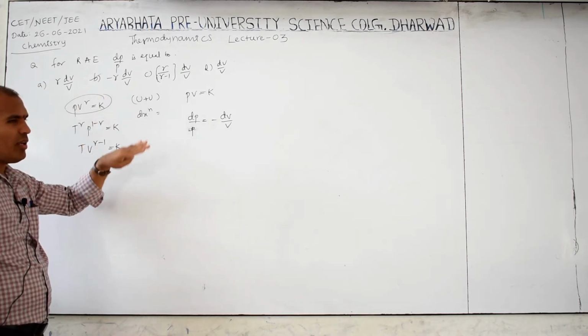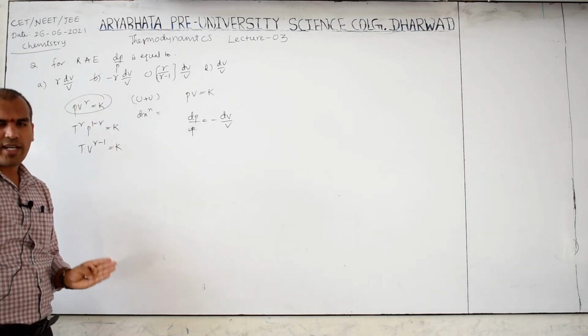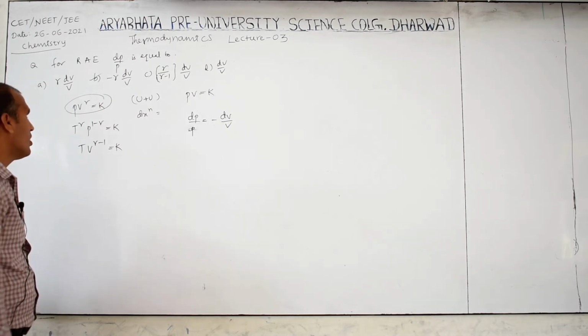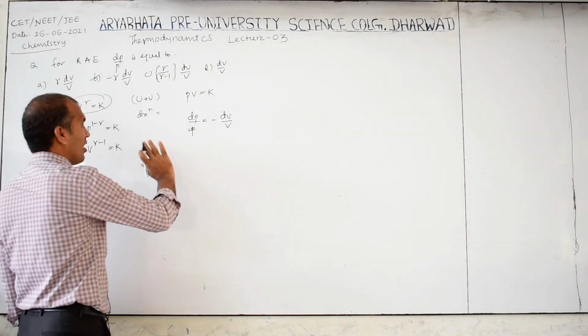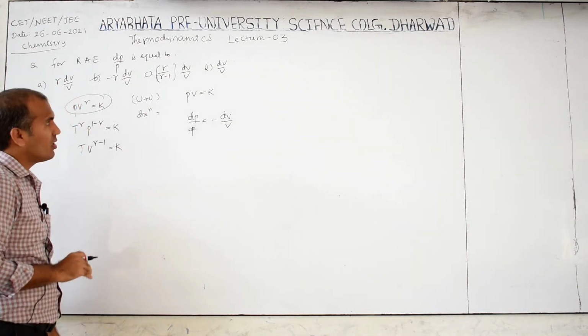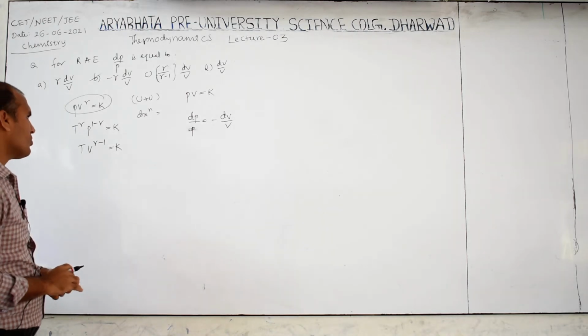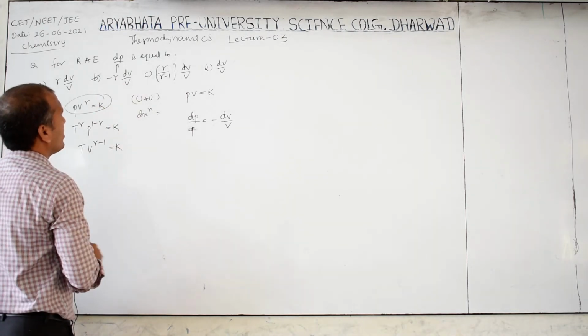Gamma is always greater than 1 for monoatomic, diatomic and polyatomic gases, so you should remember this.